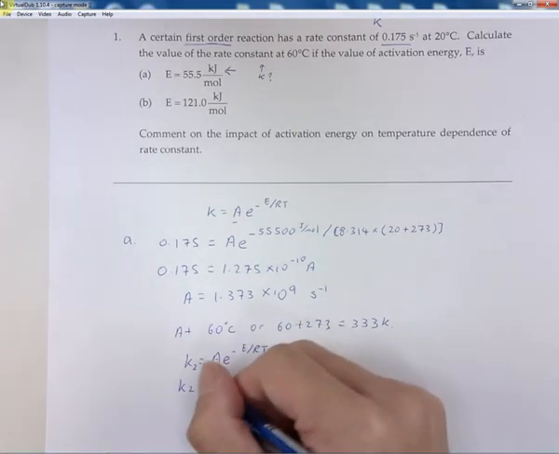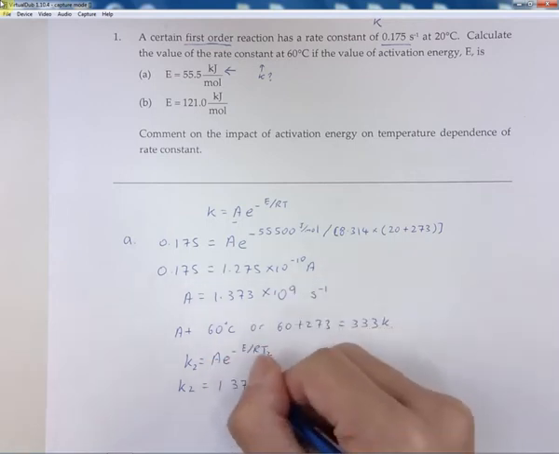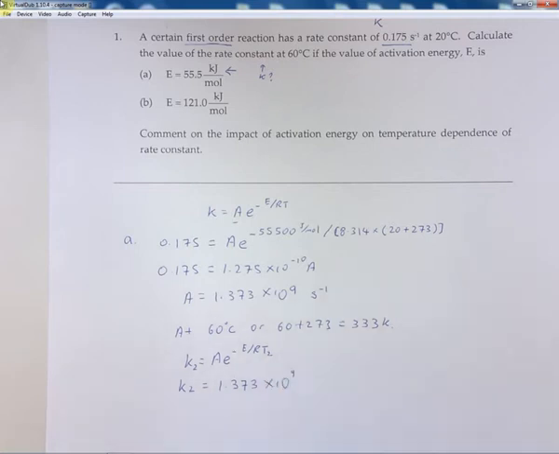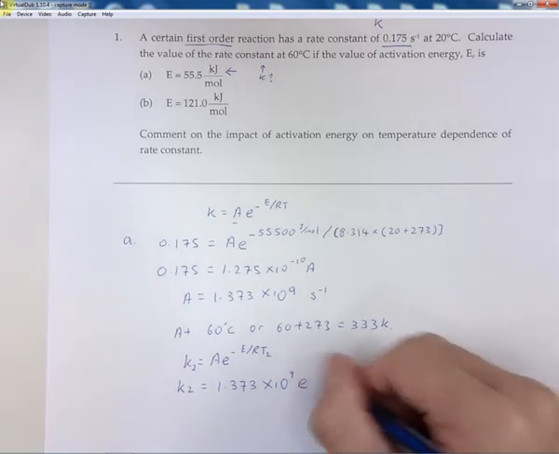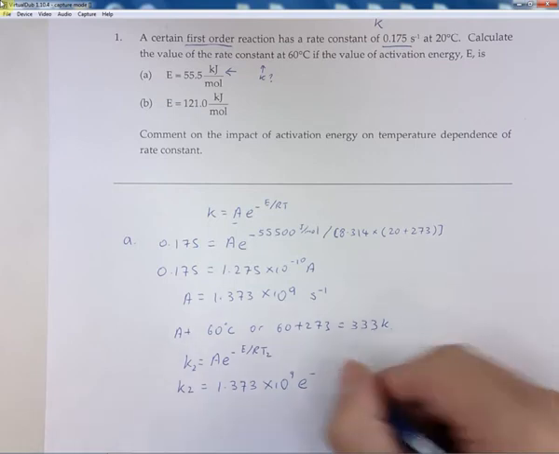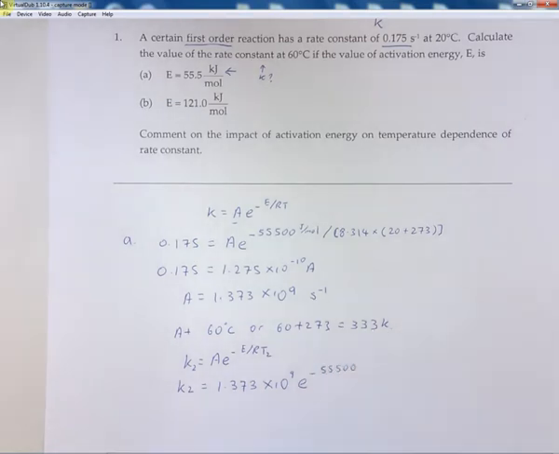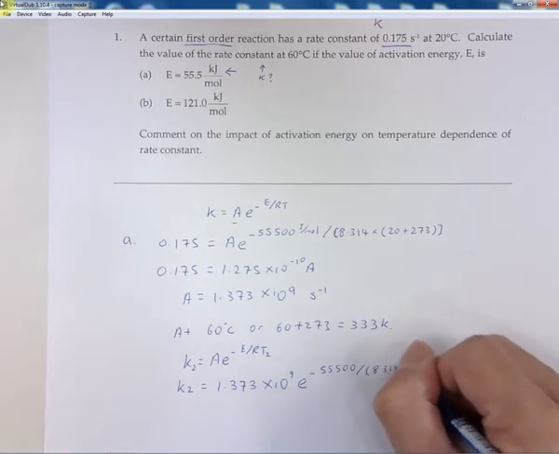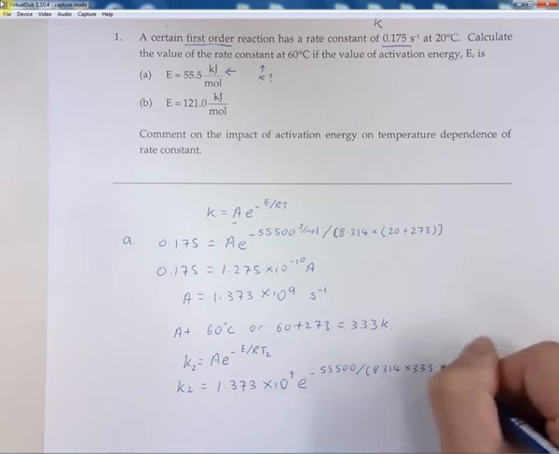So K2 will be, A is what we have solved, 1.373 times 10 to the power 9, multiplied by e to the negative, where this E is your activation energy again. Make sure we use the one in joule per mole, divided by 8.314 multiplied by 333 Kelvin.